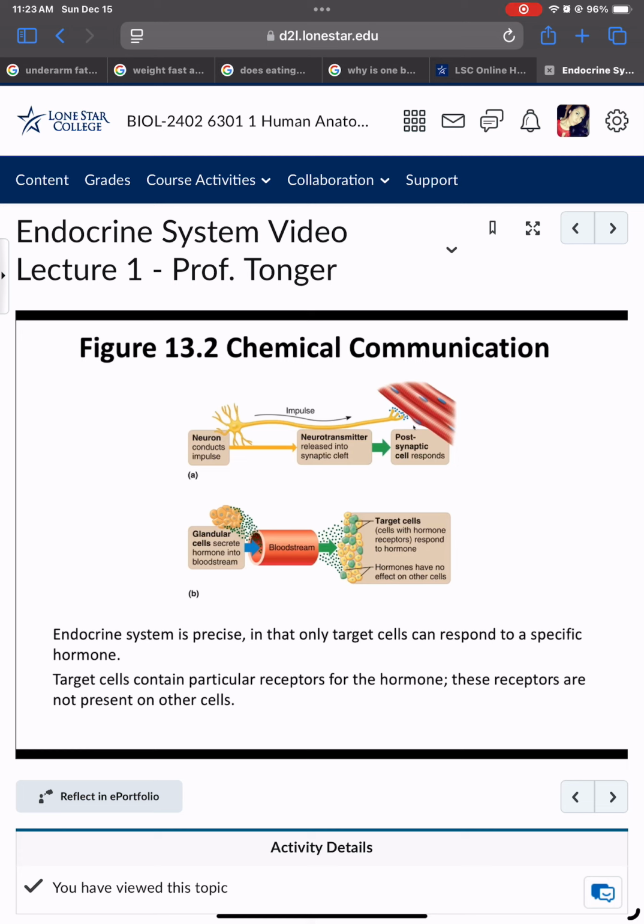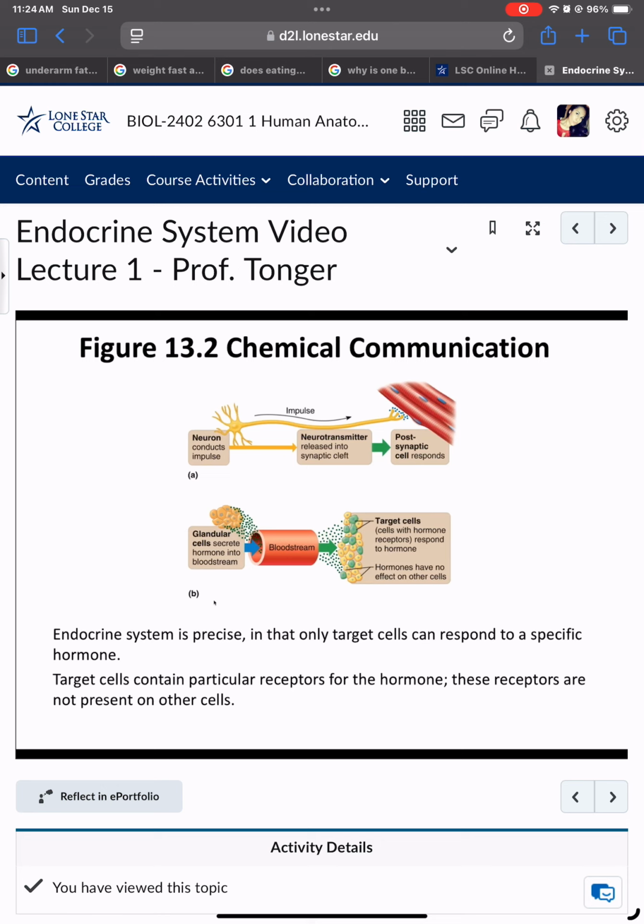So this is your neuron, which is providing a signal to this muscle. And if you remember from your ANP1, the neuron conducts impulses via neurotransmitters. So the impulses which have been conducted over here, the signal will be given to the muscles via neurotransmitters. This place where the neuron is releasing the neurotransmitter is called the synapse.